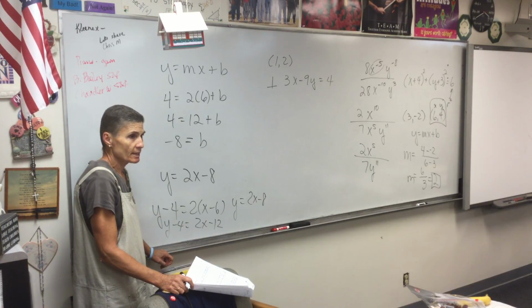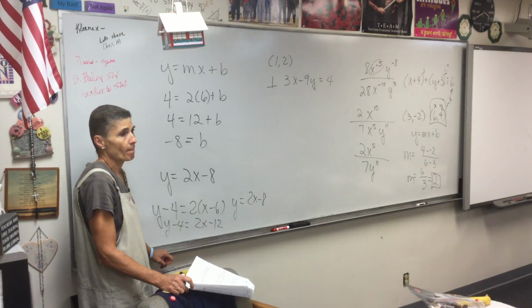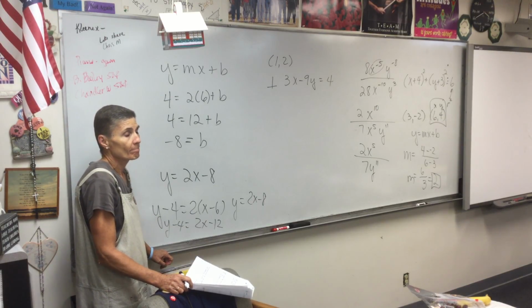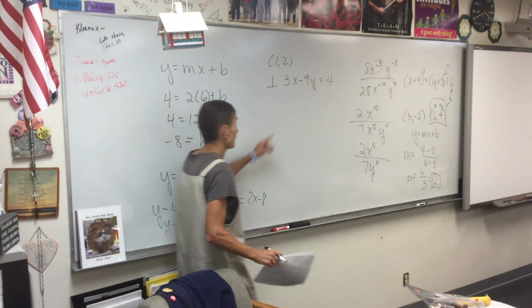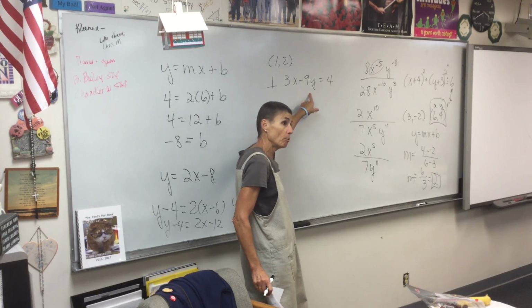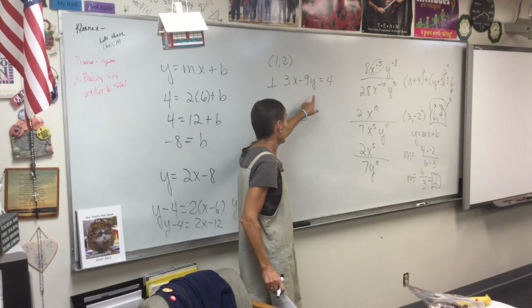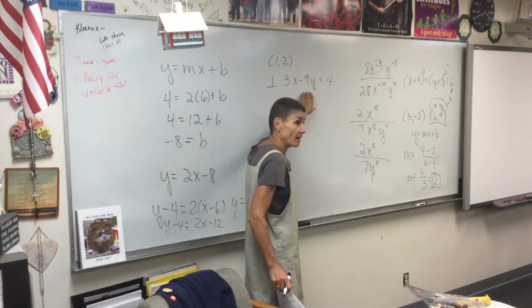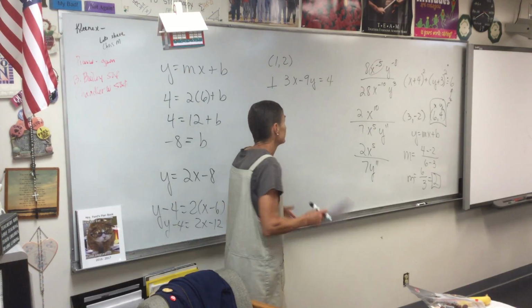And why would I want to get y by itself? Because if I get y by itself, I will be able to tell the slope of this line. And why is that important to me? I need the slope of this line to figure out the slope of the line I'm writing, right? Yeah.